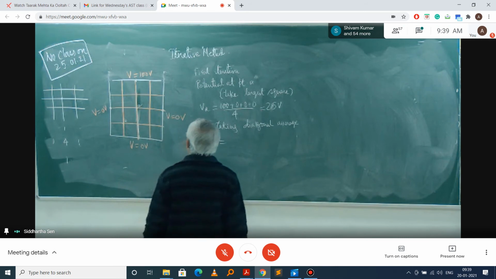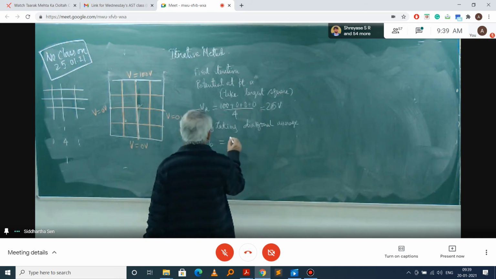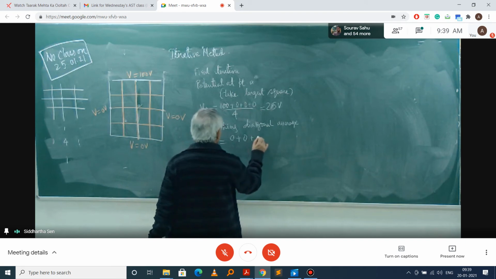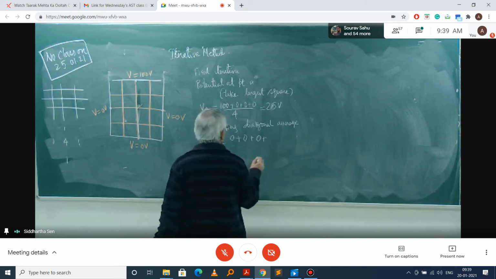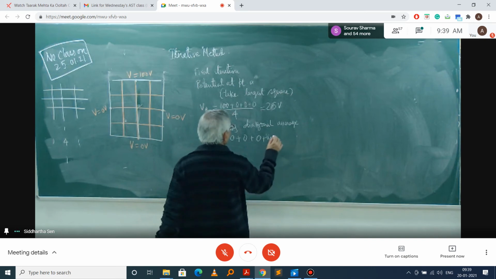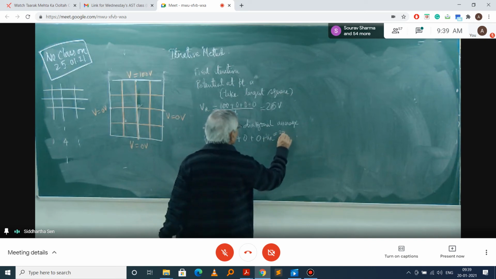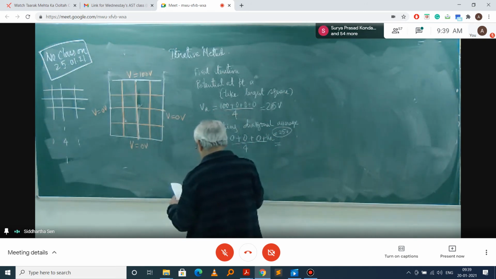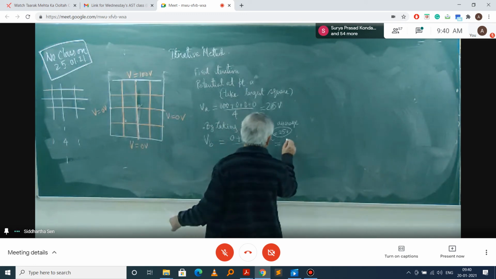So what will be your VB? This will be 0 plus 0 plus 0 plus VA, that is equal to 25 volt, divided by 4, it is actually 6.25 volt.